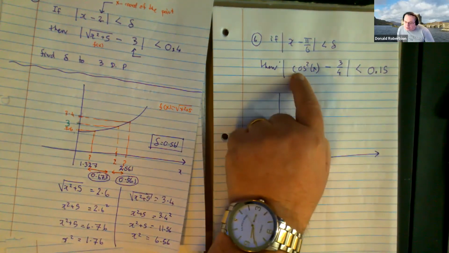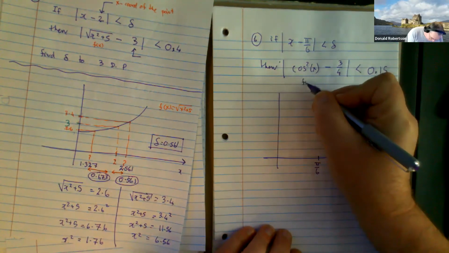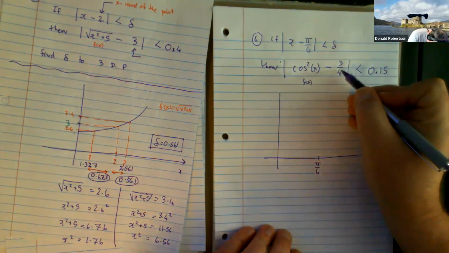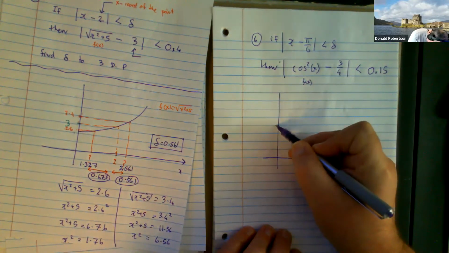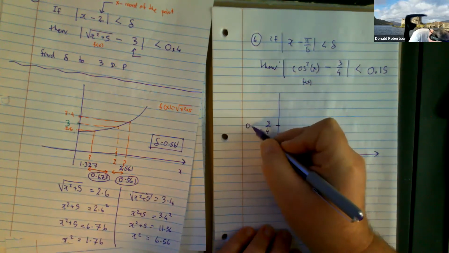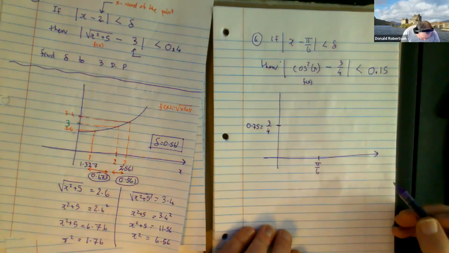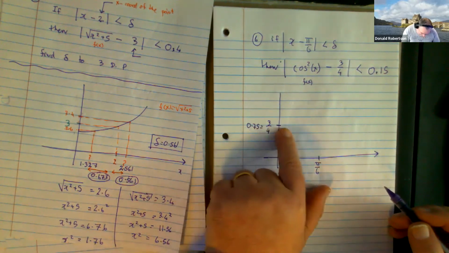That cos squared there is telling me what f of x is. That 3/4 is telling me that that guy is there. And now I'm going to turn that into 0.75 because you can't really mix and match fractions and decimals. So that's telling me that this is 0.75.